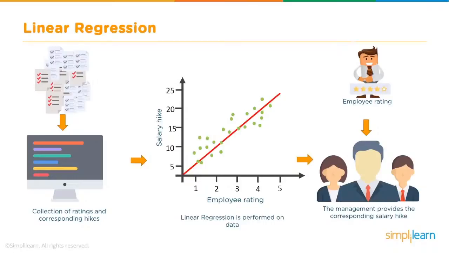Let's say the HR team of a company tries to find out what the salary hike of an employee should be. They collect all the details of their existing employees, their ratings and their salary hikes, which is the labeled information that is available, and the system is trained and learns from this, so that when a new employee's information is fed in, based on the rating, it will determine what the hike should be.